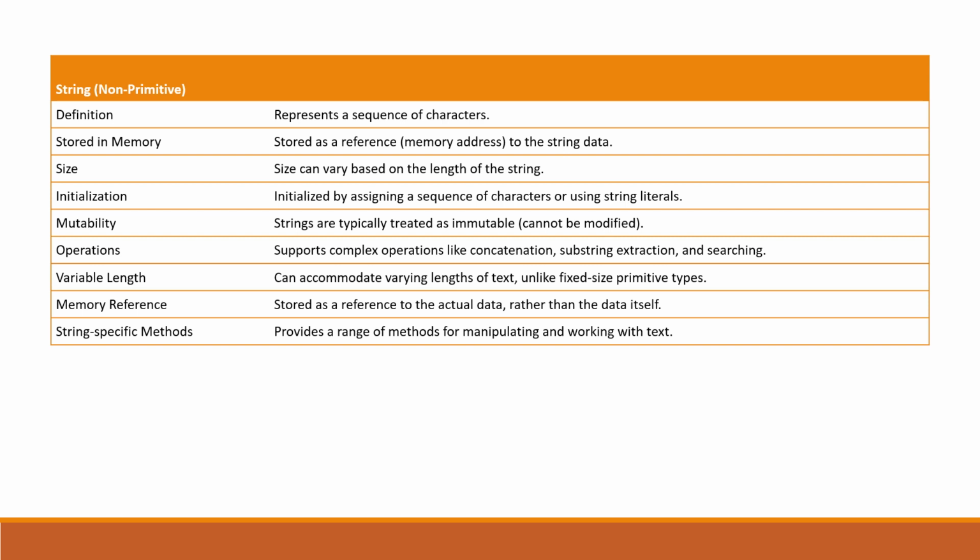Operations: supports complex operations like concatenation, substring extraction, and searching. Variable length: can accommodate varying lengths of text, unlike fixed primitive types. And they are stored as a reference, as we also mentioned, rather than the data itself, and provide a range of methods for manipulating and working with text.